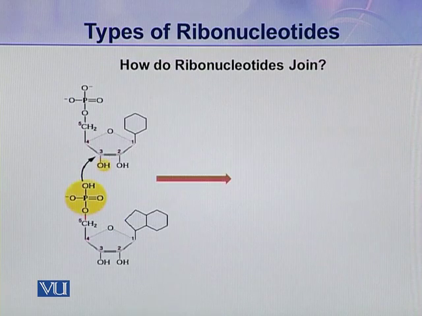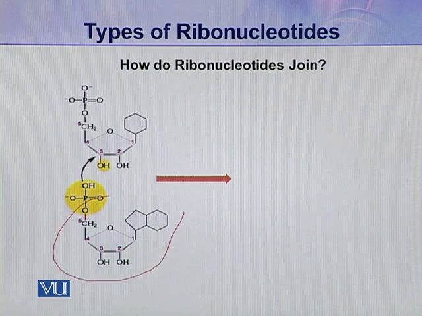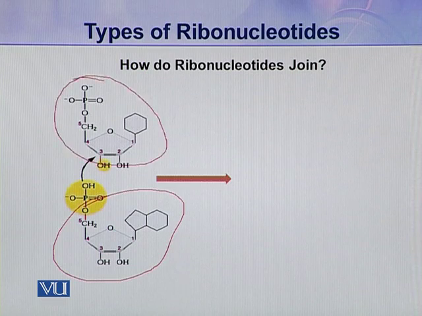Next, how are these ribonucleotides joined together? Because I said ribonucleic acid is a polymeric compound. So many ribonucleotides join together to make a molecule. So here you can see this is one ribonucleotide and this is a second ribonucleotide.